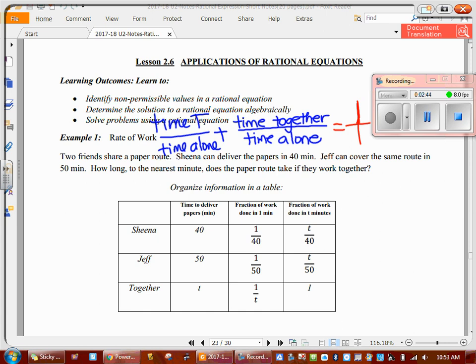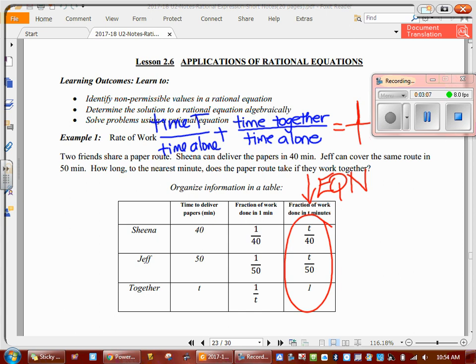Now, when we set up our table, this is always our equation. We get it from our final column. So, t time together, we don't know how long it takes them together, so that's just x, plus x time together, we don't know how long, and equaling 1.